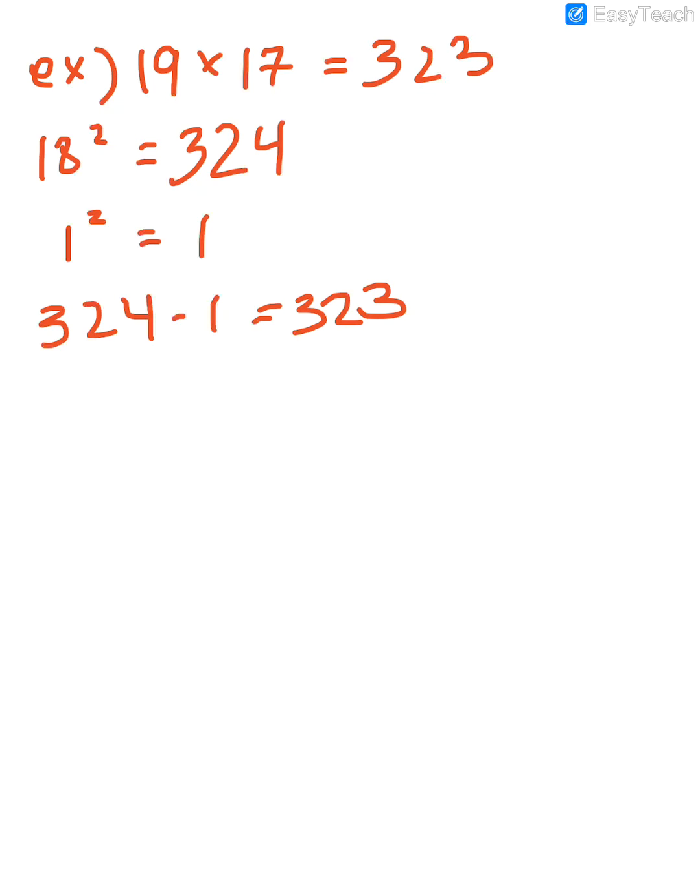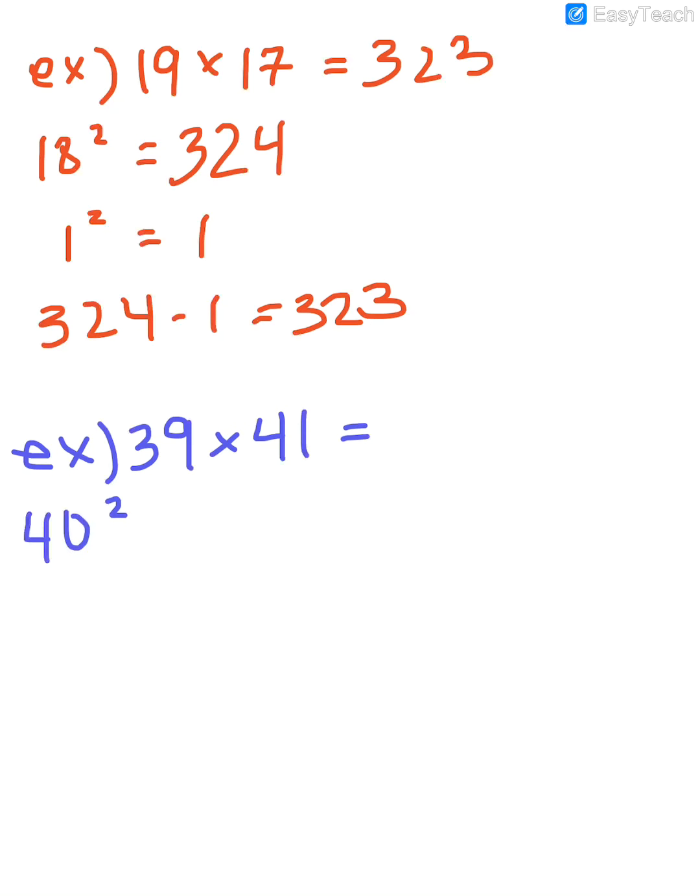I'm going to go ahead and do one last example for you guys. Let's make it, oh, my bad, 39 times 41, okay? We know that the middle number here is 40.